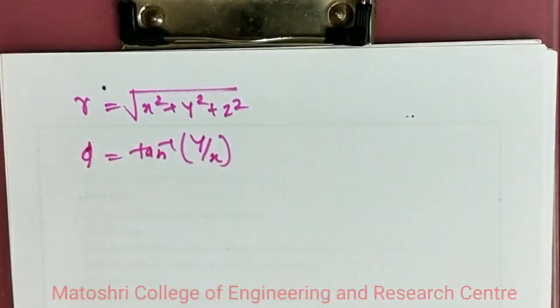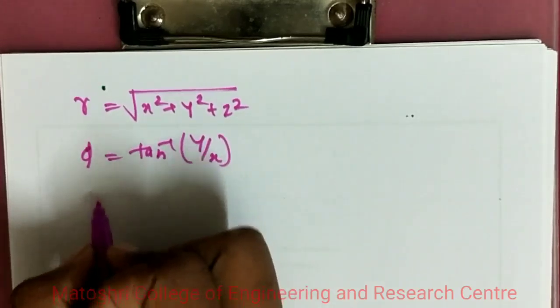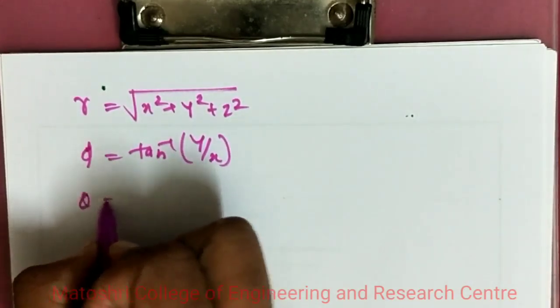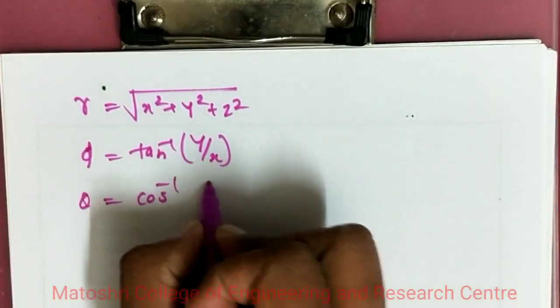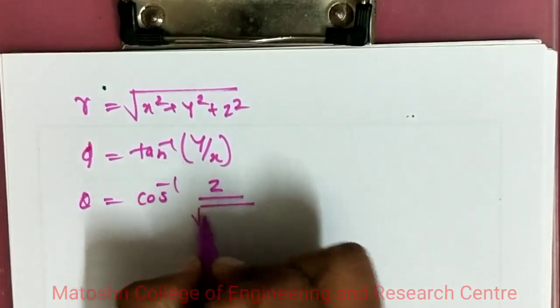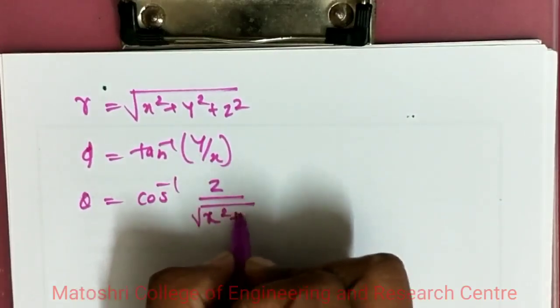Now again the rule applied is similar. If x is negative, then we need to add 180 to it, it is pi plus tan inverse of y by x, and theta is cos inverse of z divided by square root of x square plus y square plus z square.